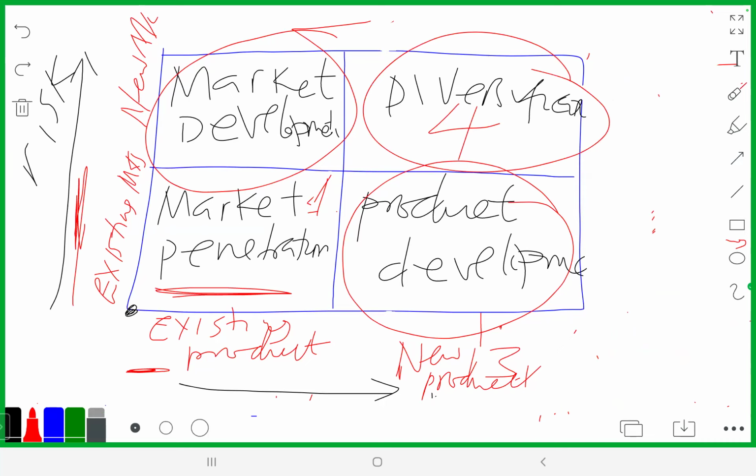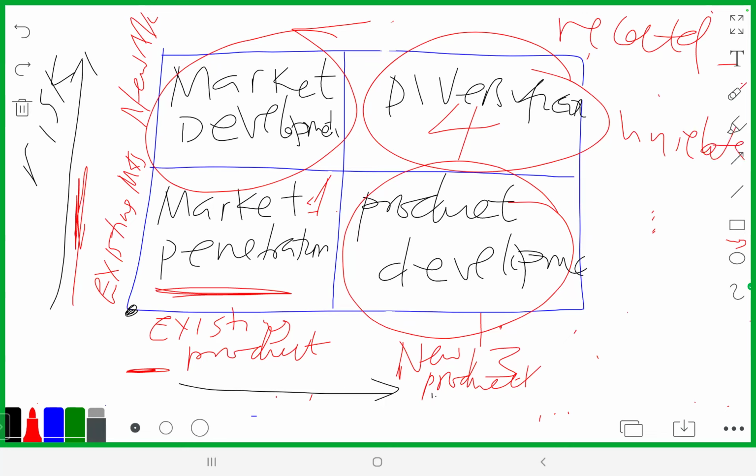Here, we are diversifying the product. We're branching off and starting to do new things, not really related. So there are basically 2 types of diversification that we can think of: related diversification and unrelated diversification.